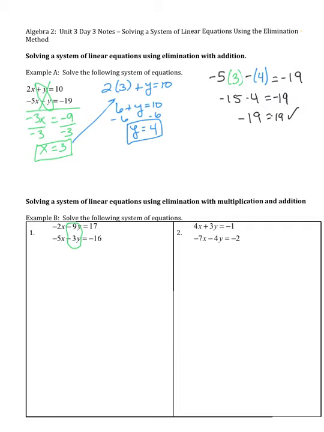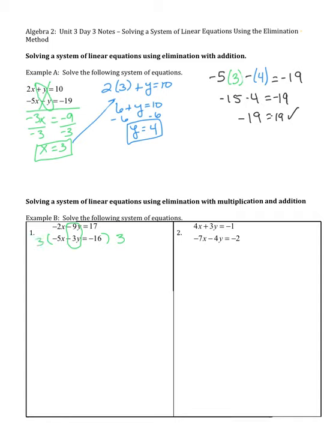I can multiply negative 3y up to 9. That's not a big deal, is it? So I'm going to multiply this bottom equation. I'm going to make the y's match. All right? So what that means is I'm going to multiply both sides, the entire equation.